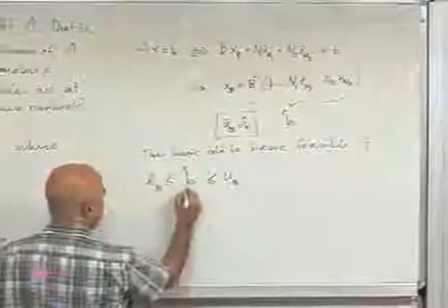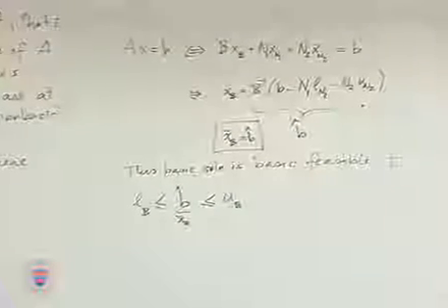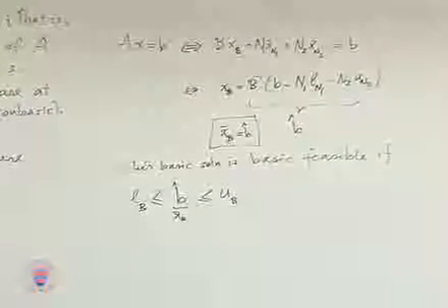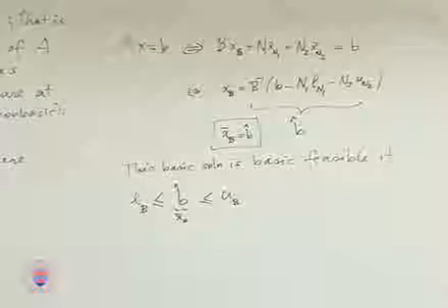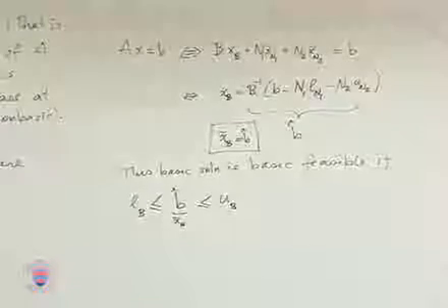Of course, this is your XB here. Okay? So if XB is also between the bounds, fine, you have a basic feasible solution. If not, then of course you don't, and in that case you don't really want to deal with that.